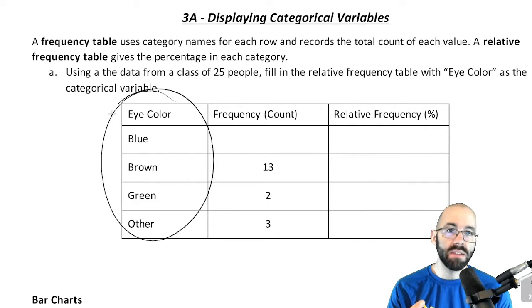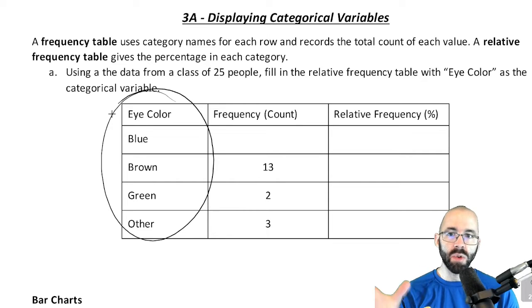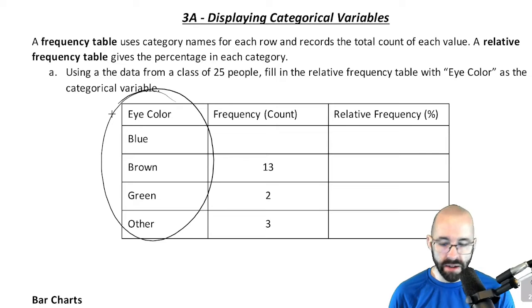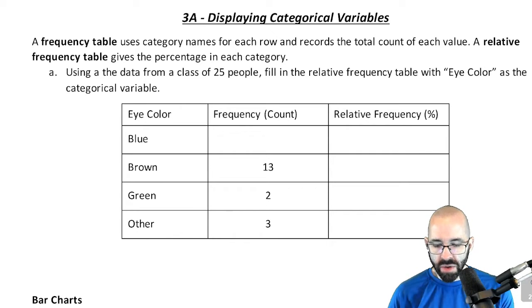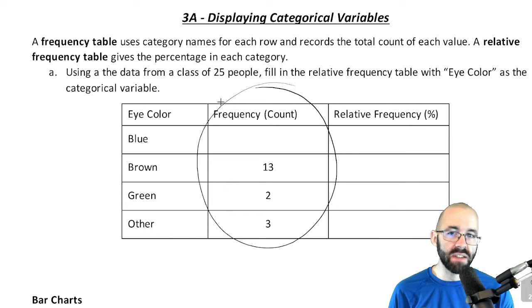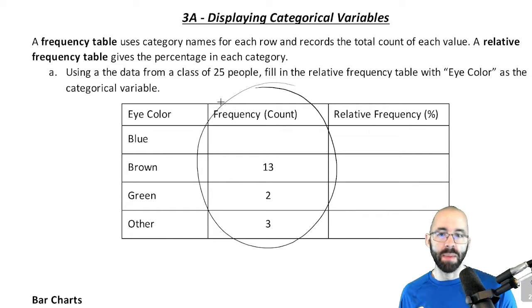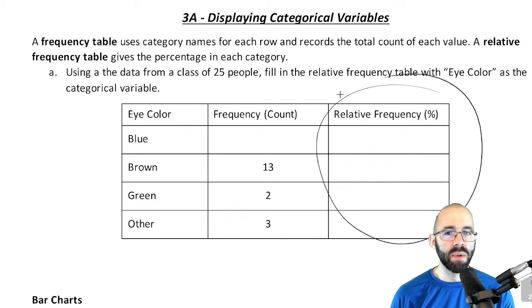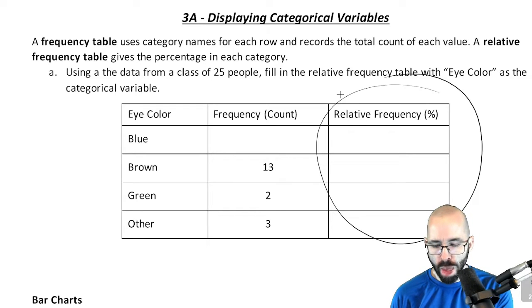The responses, the ways that this variable can be, are colors, words. And then we record the total count over here. That's the frequency, how many people had blue eyes, how many people had brown eyes, and so on. And then relative frequency is just what percent of the time does that thing happen.